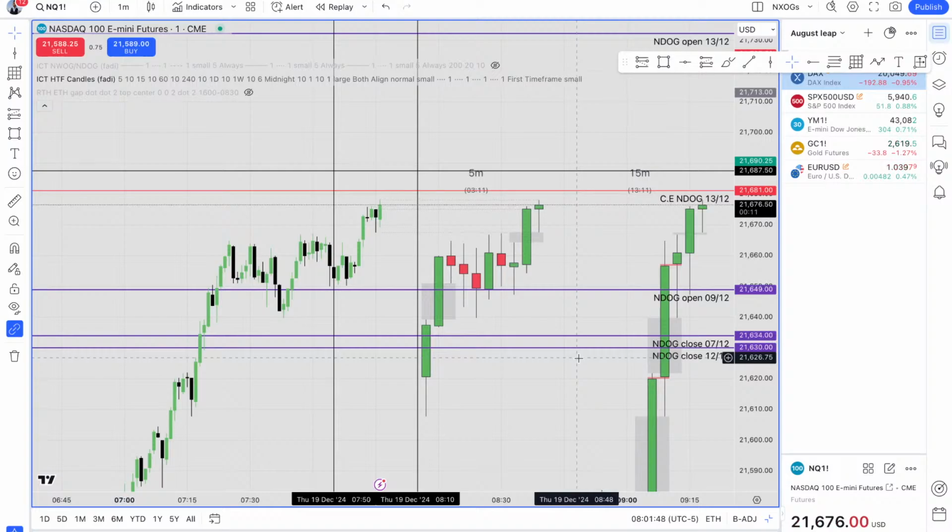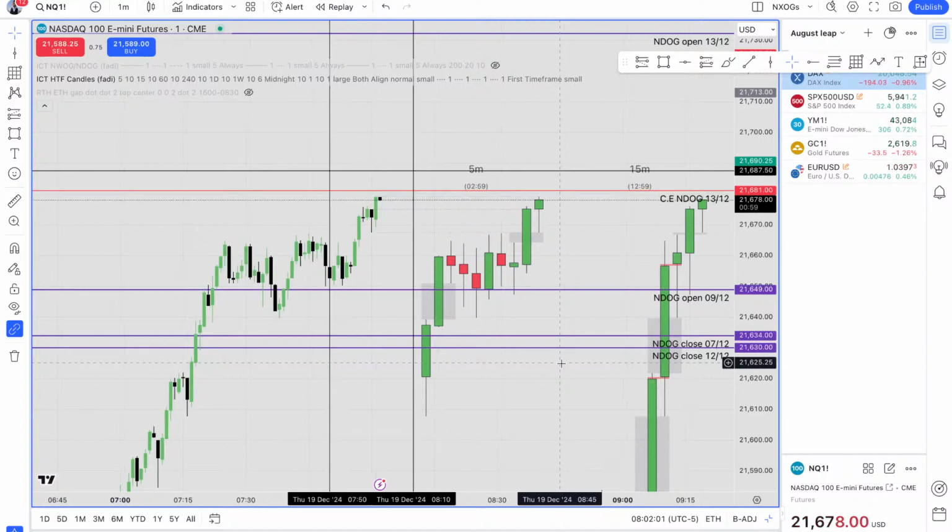I like the freedom. I like using the PD arrays that I learned, because ICT gave so many indicators, so you can, yeah, go crazy. He gave you all that, and it's up to you to choose what you want to trade and what you don't want to trade.